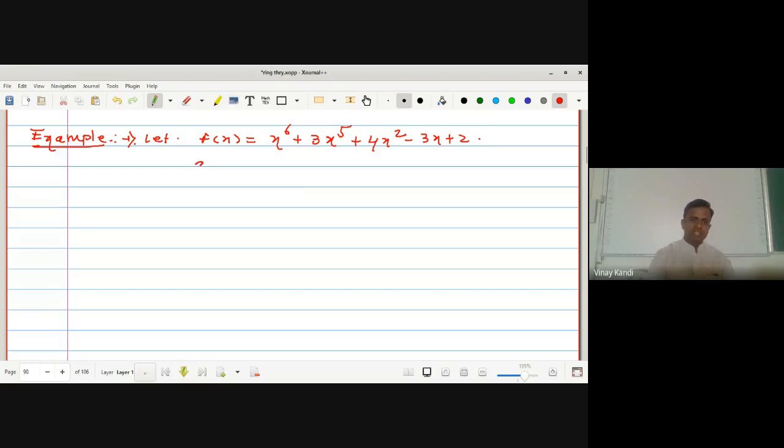Okay, and g of x is equal to x square plus 2x minus 3. Both are polynomials in Z7 of x.